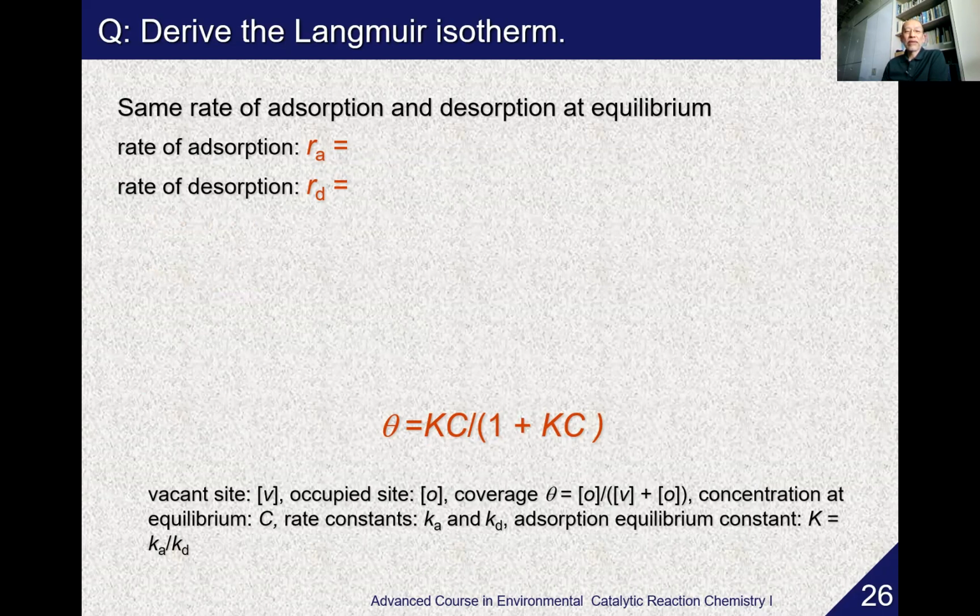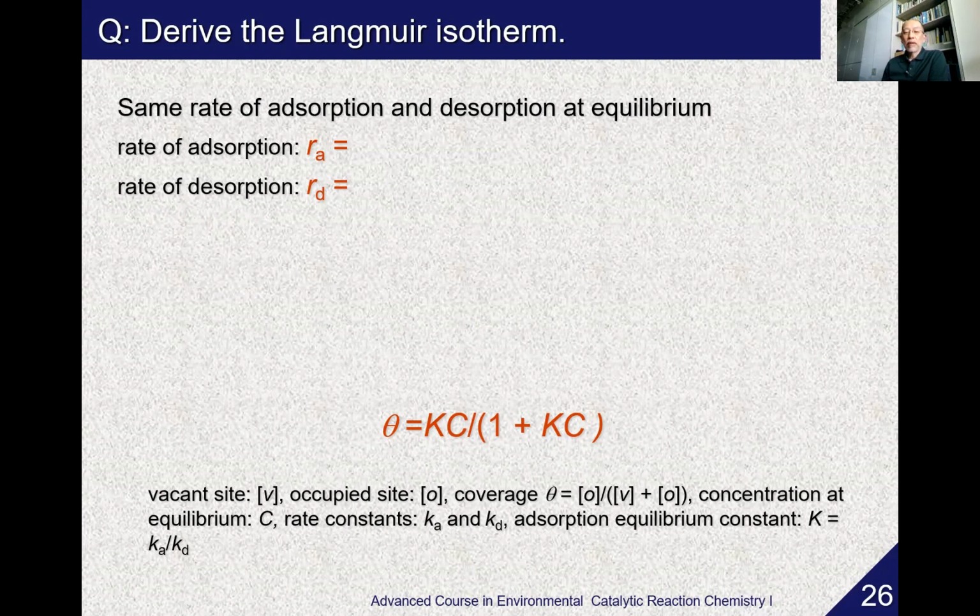The starting point is the rate of adsorption, Ra, and the rate of desorption, Rd. The concentration or density of vacant sites is V, and of occupied sites O, and the coverage theta equals O over V plus O. The concentration at equilibrium is C. The rate constants, Ka and Kd, are for adsorption and desorption.